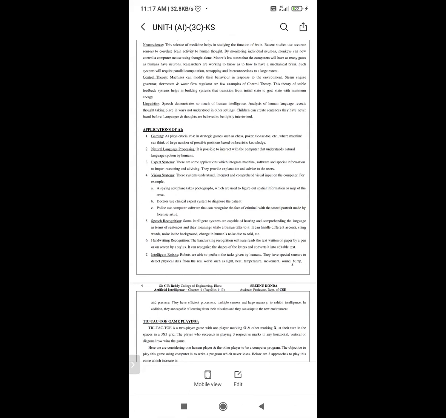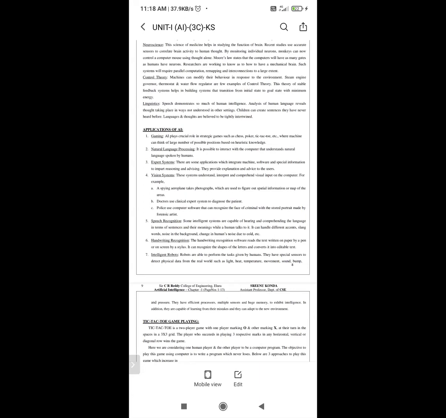Here, the machine can think of a large number of possible positions based on heuristic knowledge. Based on the knowledge stored in the knowledge base, the artificial intelligence present in the machine is going to take the decisions. So it can think on its own.